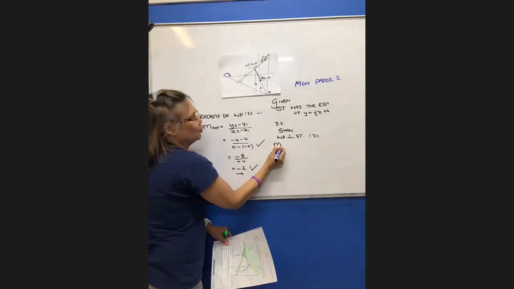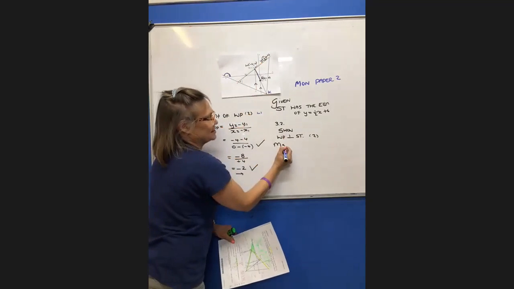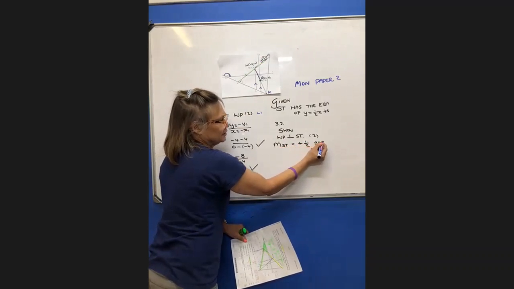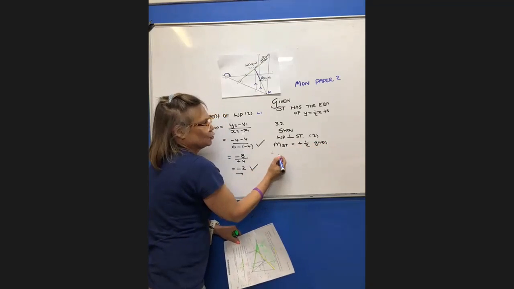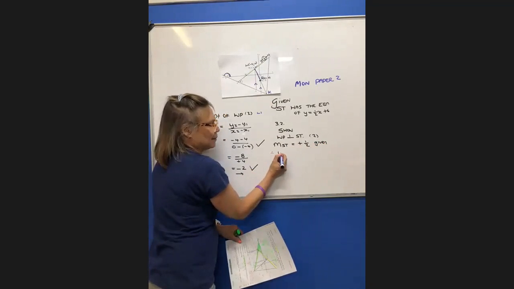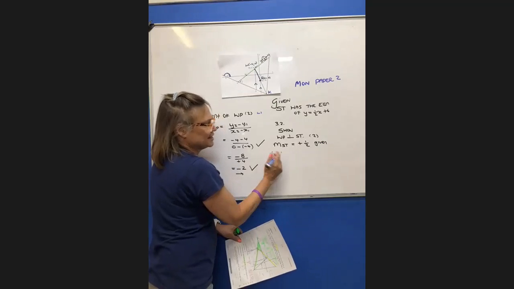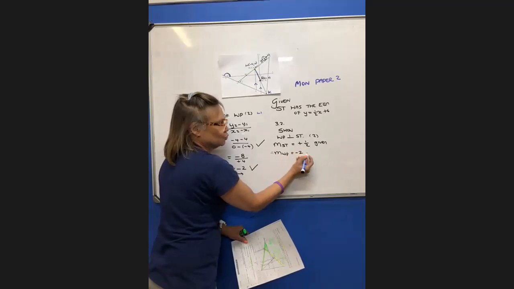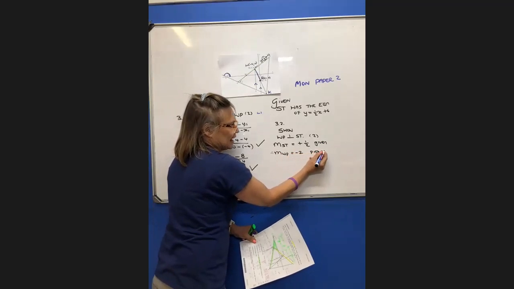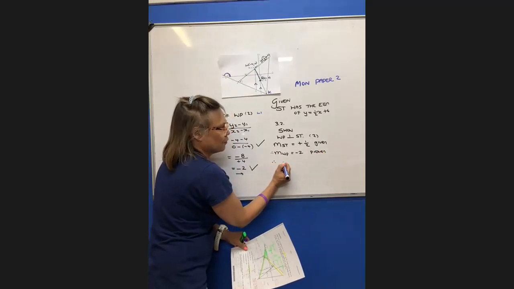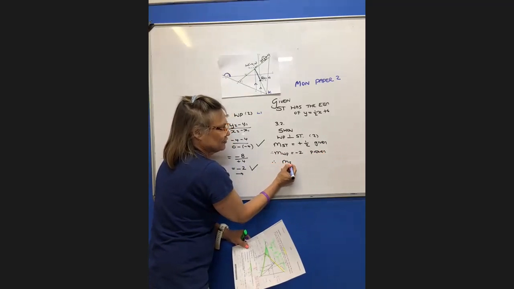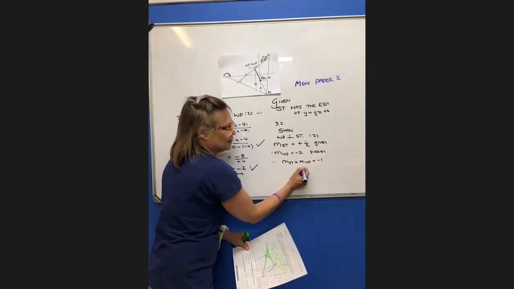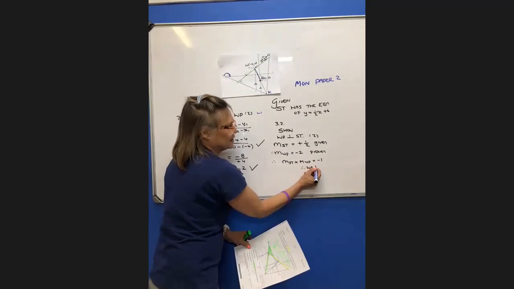So you know the gradient of ST equals positive a half, given, and thus you can say that the gradient of WP equals -2, proven, and then just go, therefore, the gradient of ST times the gradient of WP equals -1, therefore WP is perpendicular.